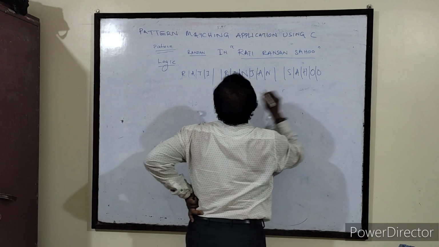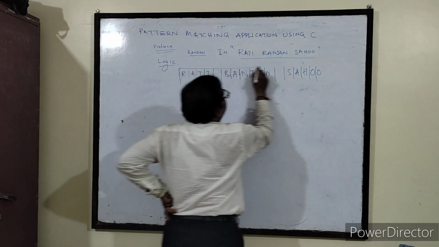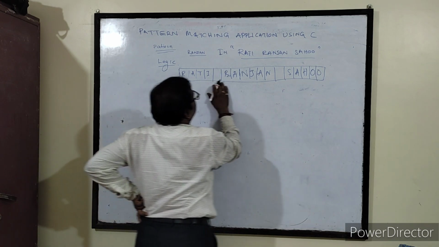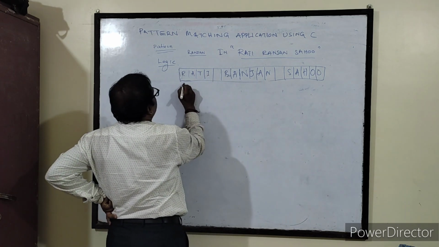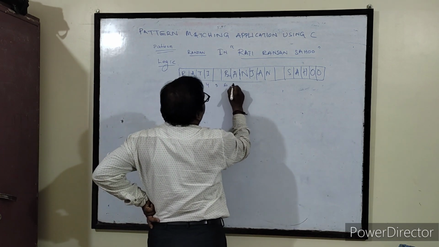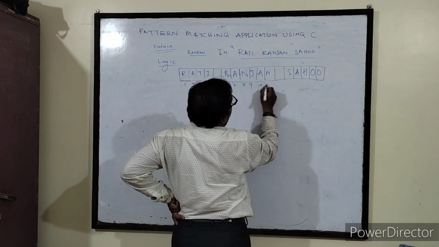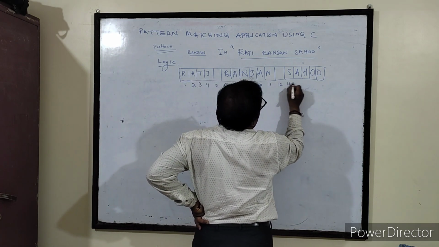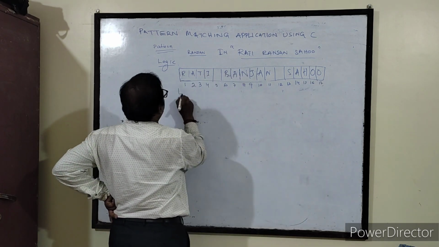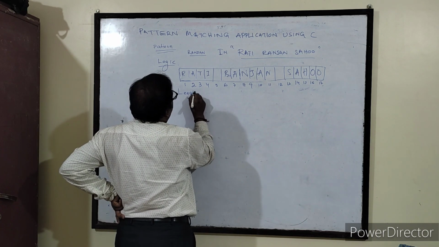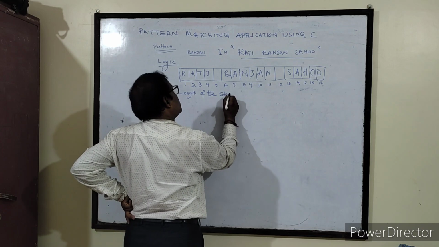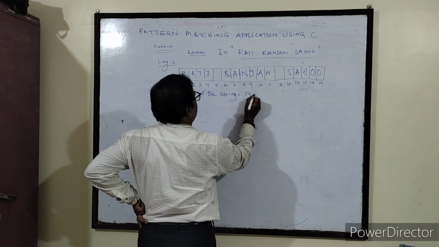So if you see this particular string, what is the length of the string here? 1, 2, 3, 4, 5, 6, 7, 8, 9, 10, 11, 12, 13, 14, 15, 16 and 17. So the length of the string is equal to 17.